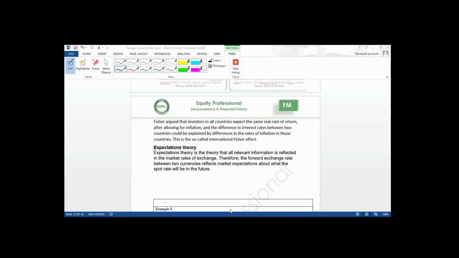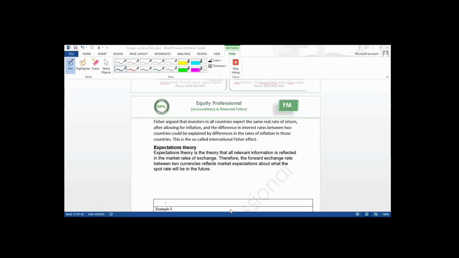If the market expects Nigerian currency to rise in future, then Naira will appreciate in value. What is this market?